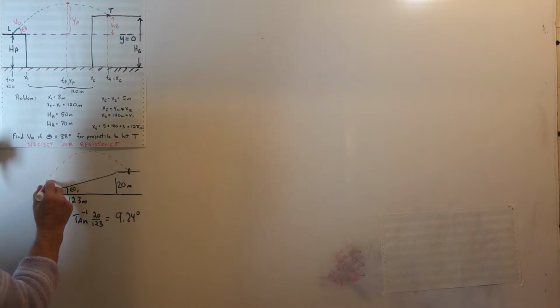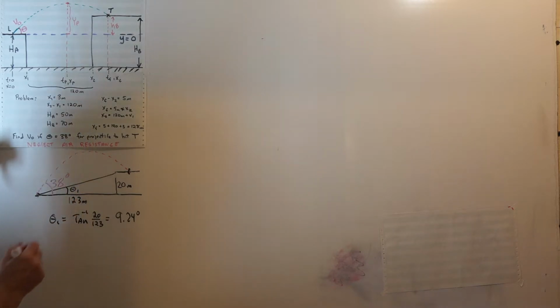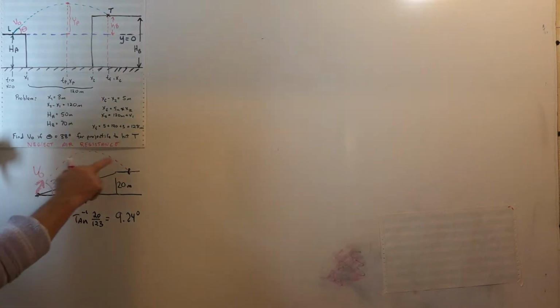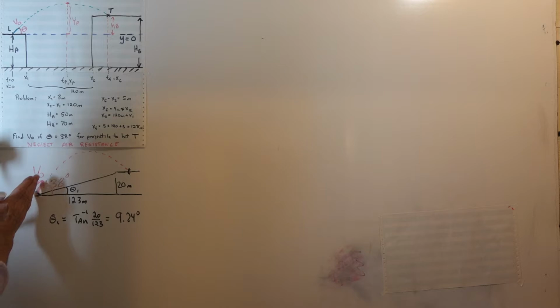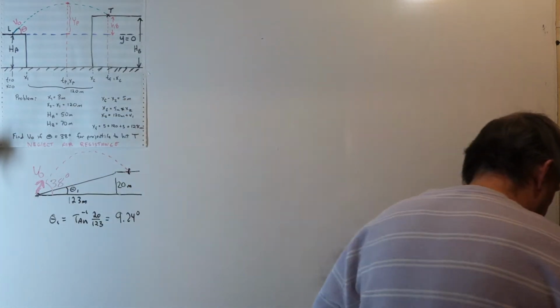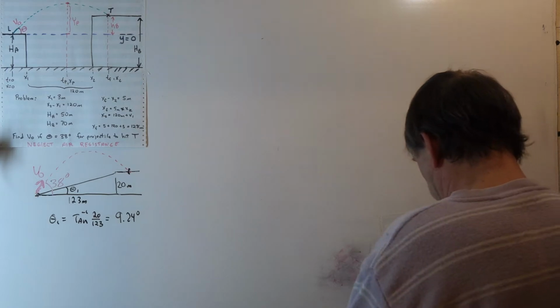And this is our angle, 38 degrees. So what we're going to solve for now is this initial velocity, v0, so that when it's launched at 38 degrees, it is going to hit our target at the top of building B.